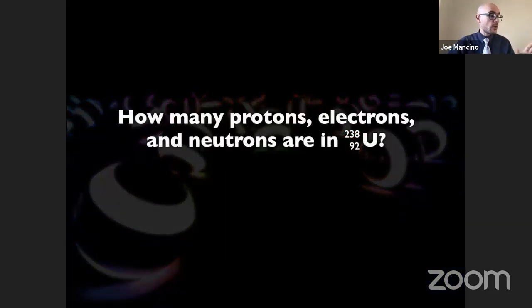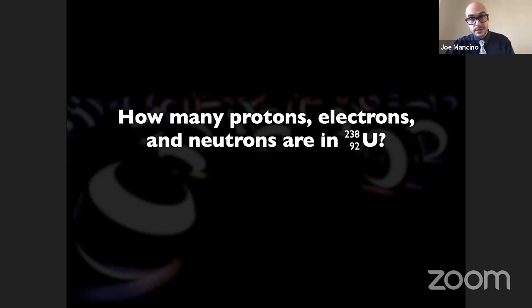So I just want to review how many protons, electrons, and neutrons are there in uranium-238. Yesterday, we talked about the way that we label the chemical symbol for an atom, what that 238, what that 92, even what the letter really mean.